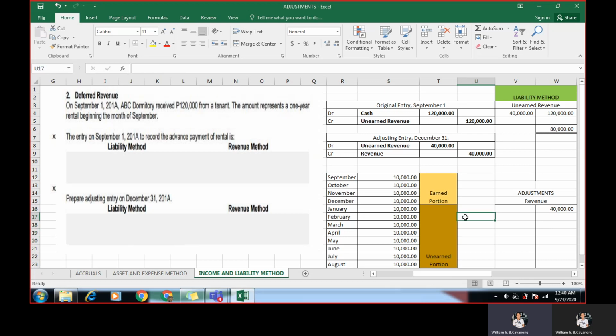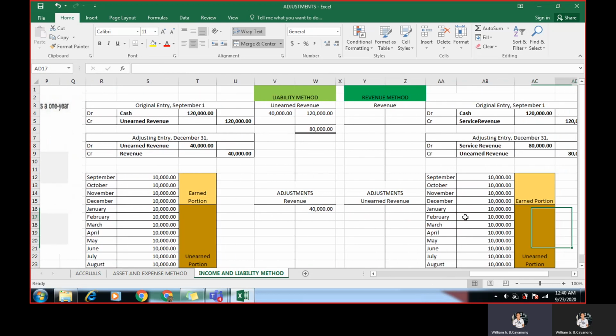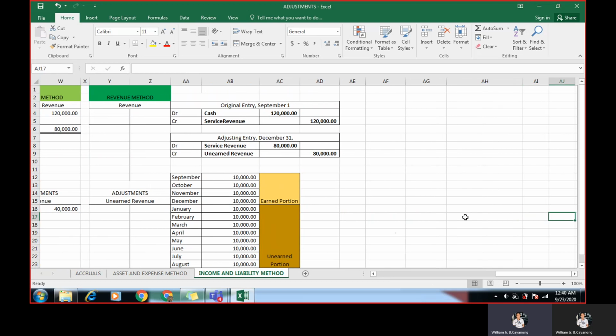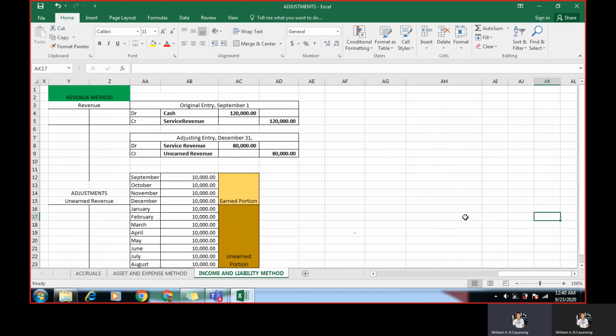How about if we are going to translate it into the income method? What if they use the income method? So I have here a different schedule using the revenue method. In this method, we are going to recognize the whole advance payment from the customer as revenue.